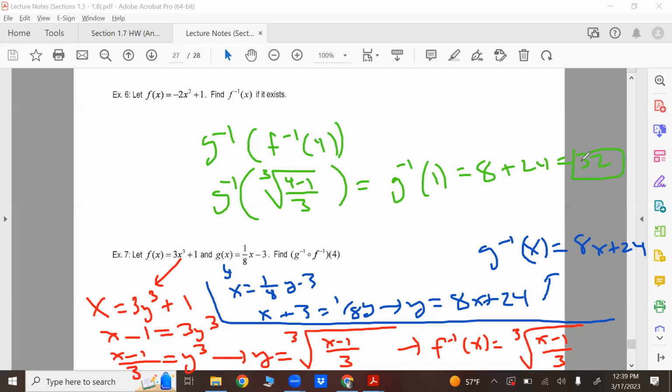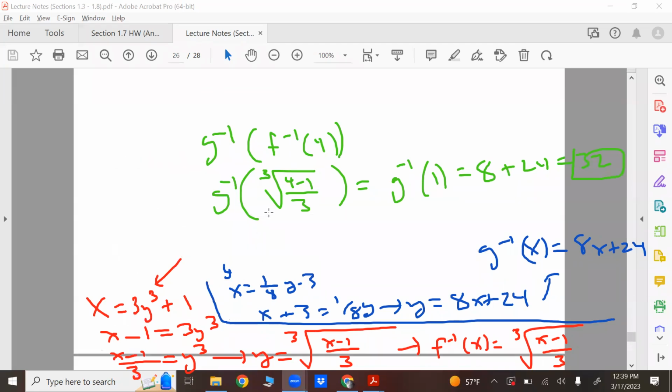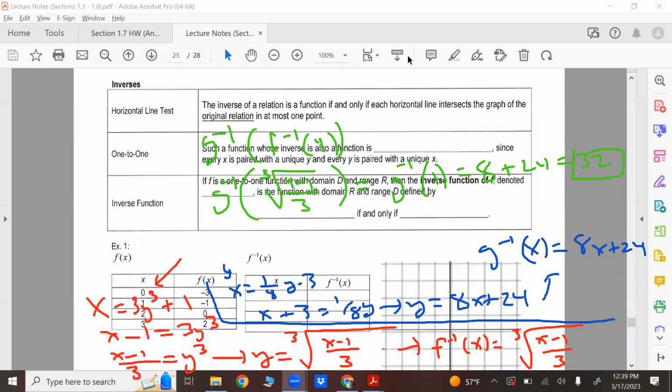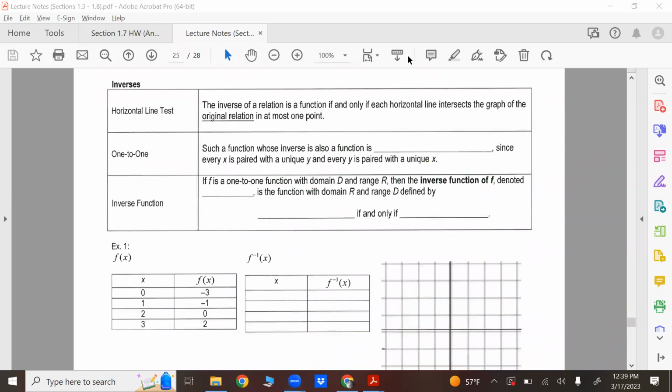So this is just review of inverses from Algebra 2, obviously. Something we will need for the next unit. Let me go back to the top of these notes just to wrap it up. Horizontal line test: the inverse of a relation is a function if and only if each horizontal line intersects the graph of the original at most one point. So for example, if you have something like this, the inverse will be a function because the horizontal line test passes just once.